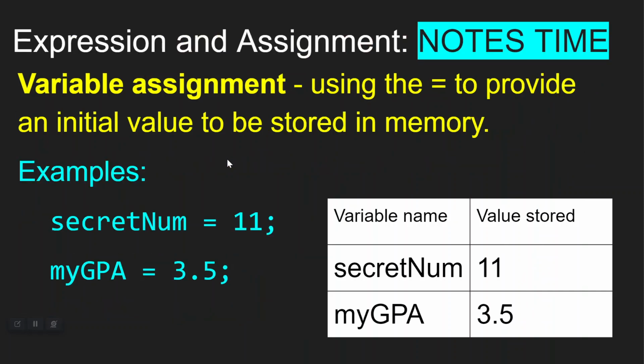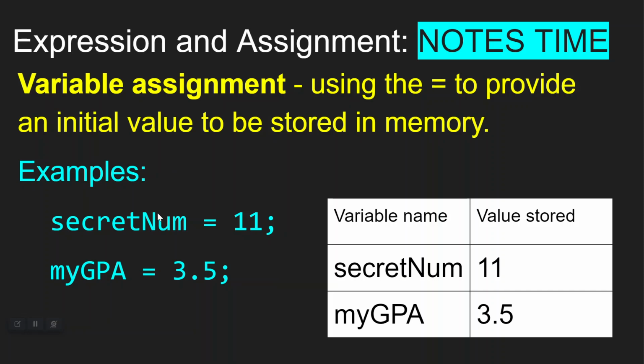Now, in today's lesson, we're going to get into assignment. Today's lesson is about expression and assignment. So what does it mean when we talk about assignment? Basically, this is initializing a variable. When we use an equal sign to provide an initial value to be stored in that memory, that's called a variable assignment.